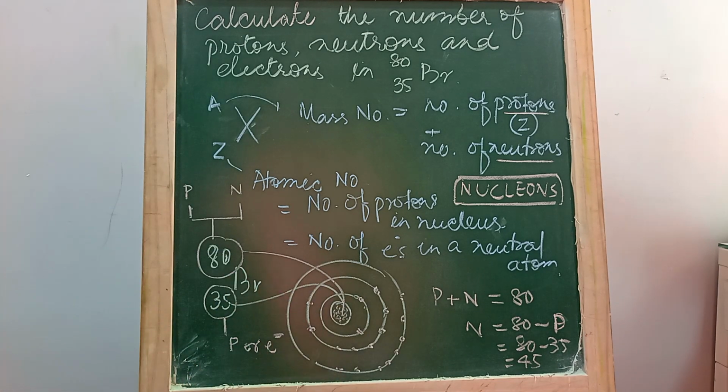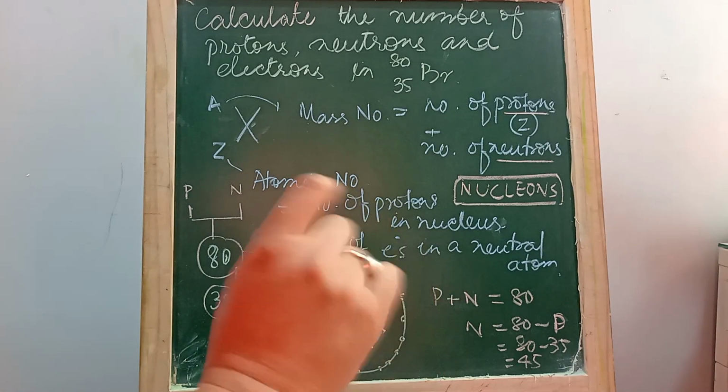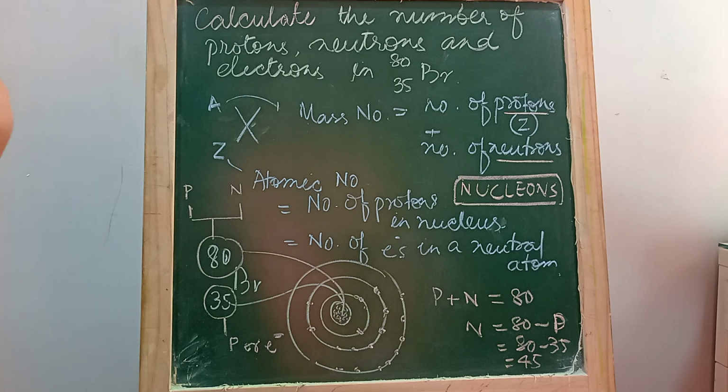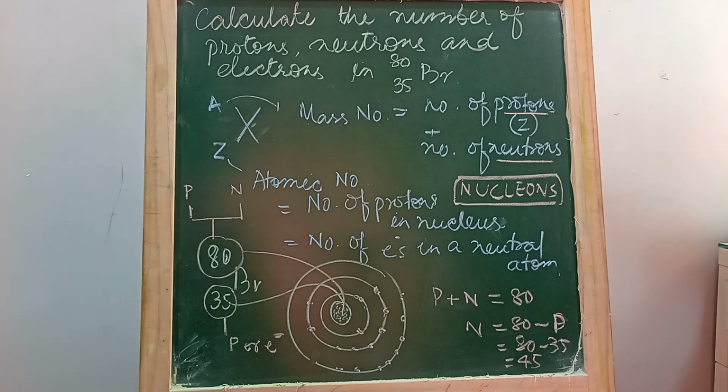After Rutherford's alpha scattering experiment, it was concluded that the mass of the atom is concentrated in the nucleus, and the nucleus is very small. The size of the nucleus is around 10 to the power minus 15 meter, and that of the whole atom is around 10 to the power minus 10 meter.